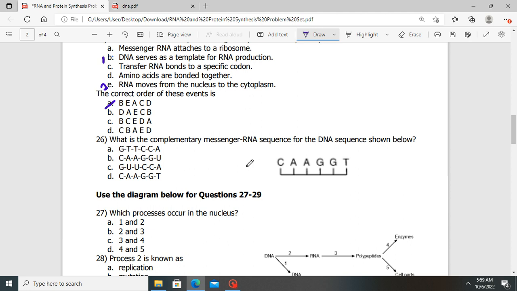If this is the template strand on a DNA, the C will bond with G, the A will bond with U on the messenger RNA, the A bonds with U again, G bonds with C, G bonds with C, then T bonds to A. So you have G, U, U, C, C, A. So the answer is C for question 26.